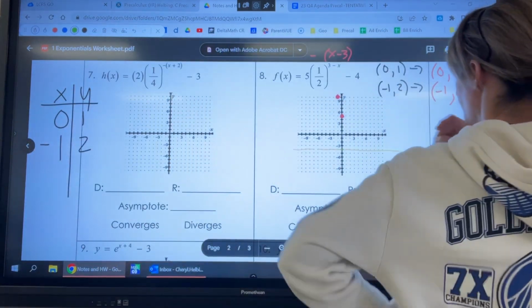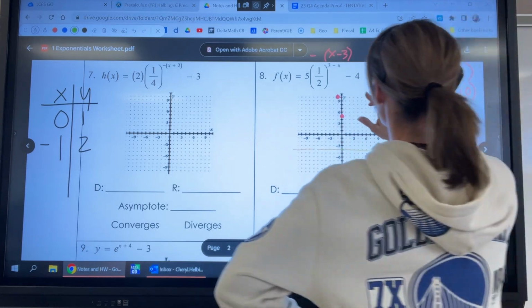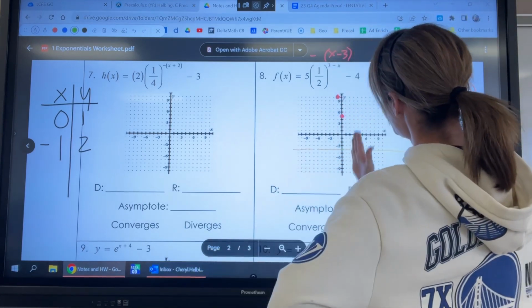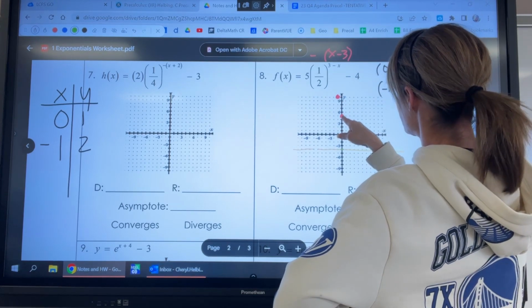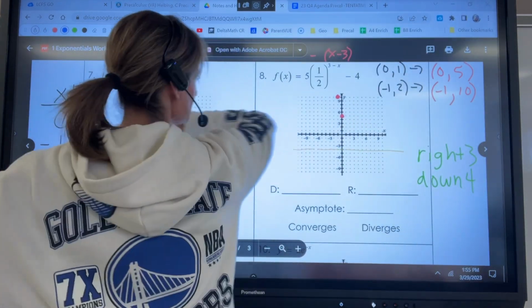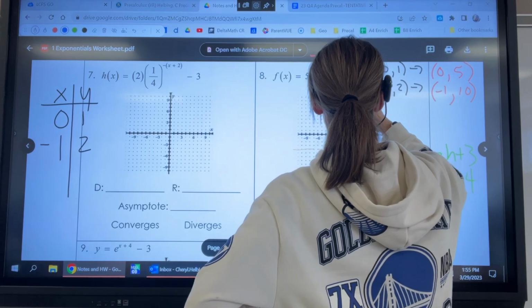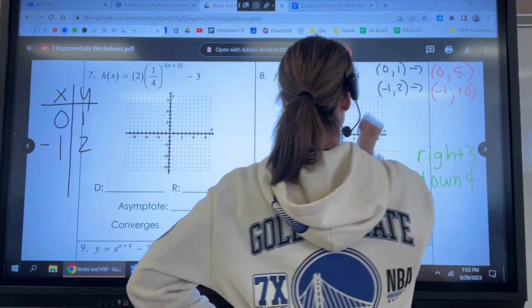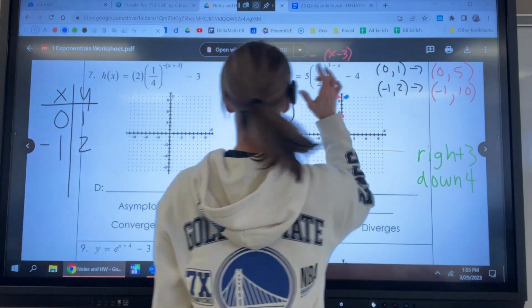Okay, so, boom. When you're reflecting over the y-axis, this point should stay in the same place. I hope I don't make a mistake here and have to delete my... So, there we go. That one's going to stay in the same place, and then we're going to go right 3 and then down 4.